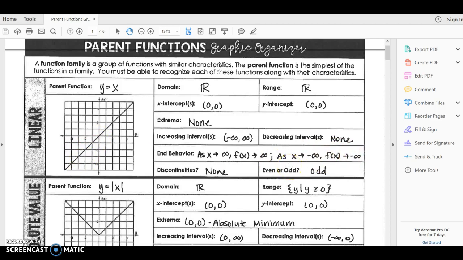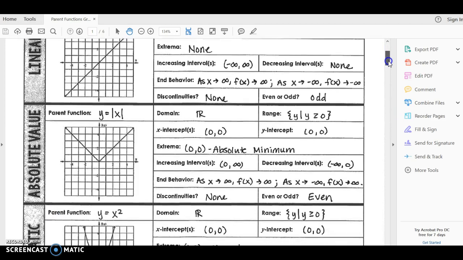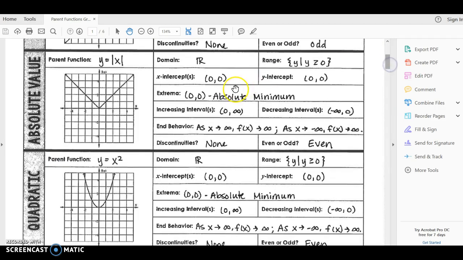Okay? All right, it has no holes, gaps, or jumps, so it is continuous. So it has no discontinuities. Okay? Even or odd is to the first power, so it is odd. All right, absolute value. Okay? Y equals absolute value. Anytime you see the absolute value, you should think a V-shaped graph.